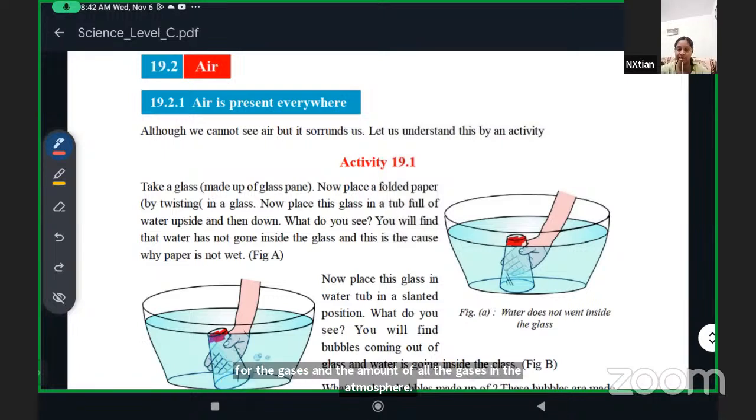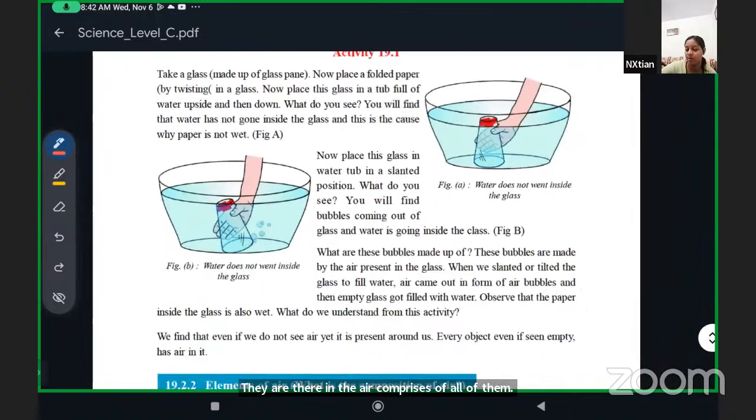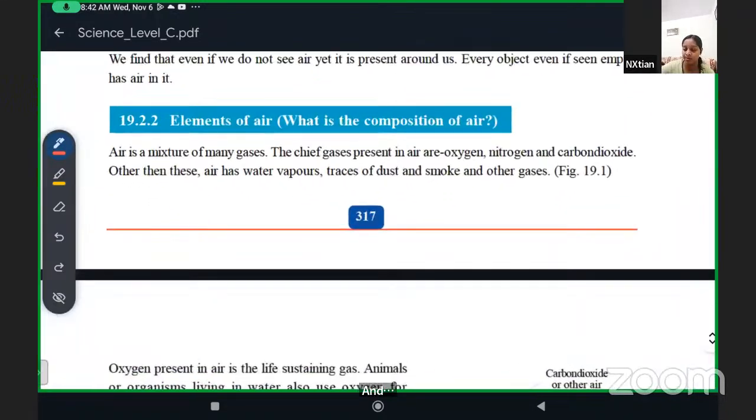We talked about the nitrogen cycle, right? So all these gases are there in the air. The air comprises all of them. And to do that, air is important for us.